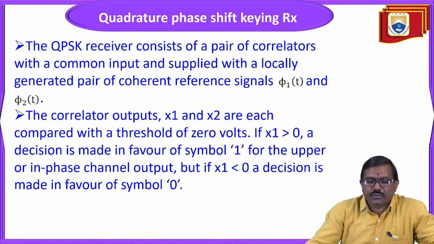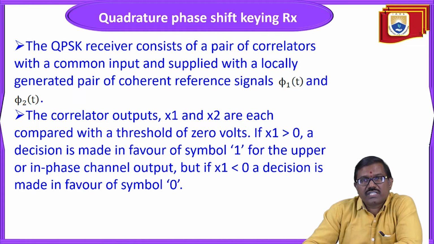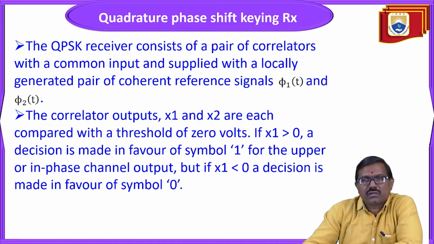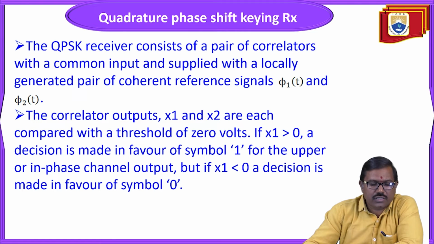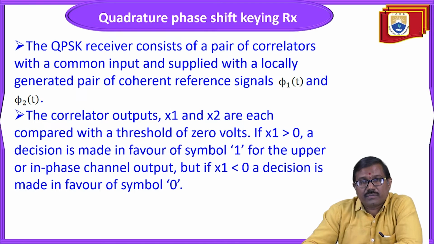So here is the description of this QPSK receiver. The QPSK receiver consists of a pair of correlators with a common input, supplied with a locally generated pair of coherent reference signals phi 1 of t and phi 2 of t. The correlator outputs x1 and x2 are each compared with the threshold value of 0 volts. If x1 is greater than 0, the decision is made in favor of symbol 1 for the upper channel.